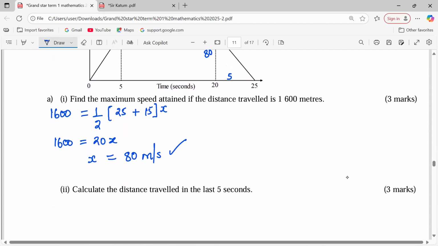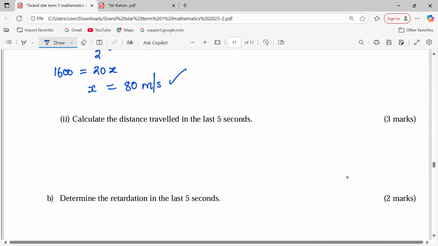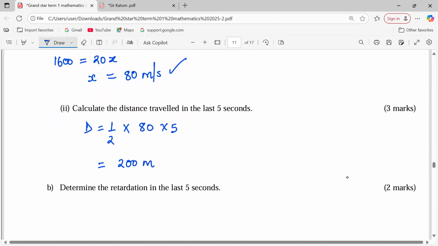Area under the graph gives us distance covered. Therefore, the distance shall be half times the height of 80 times the base of 5. This will give us 200 meters as the distance covered in the last 5 seconds.